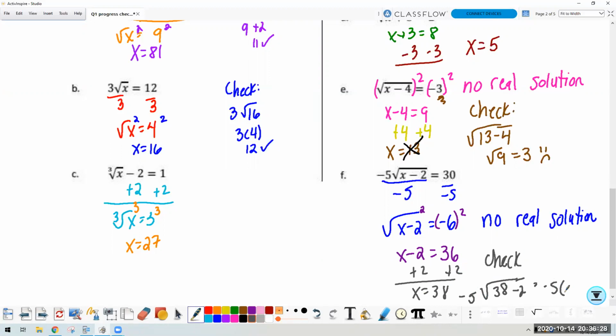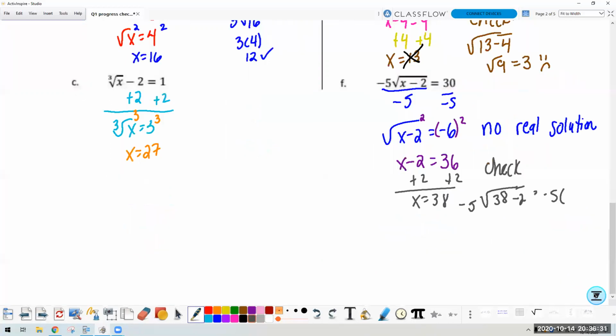Checking into the original: negative 5 times the square root of 38 minus 2. That's negative 5 times the square root of 36, which is negative 5 times 6, which is negative 30. That is not positive 30. That does not check. 38 is not an answer. There's no real solution to part F.